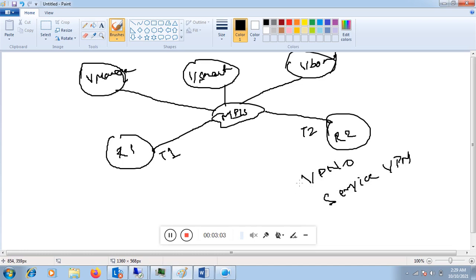So VPN 0 is a part of underlay, and the service VPNs are part of overlay. So the network infrastructure comes under the underlay.